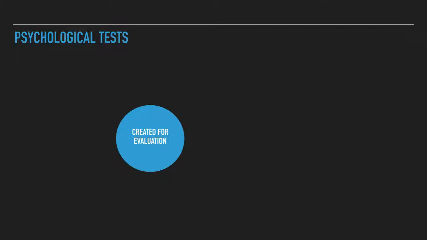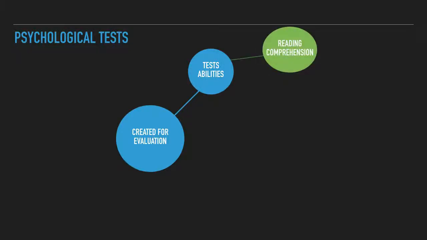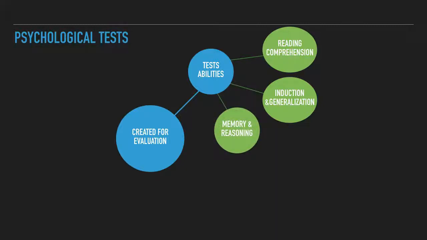There are also psychological tests. Psychological tests are created for evaluation of a student. They test the abilities of the student, and so that might be to test something like reading comprehension, their ability to inductively reason or generalize and draw conclusions. Also, memory and other reasoning can be tested with these types of tests.